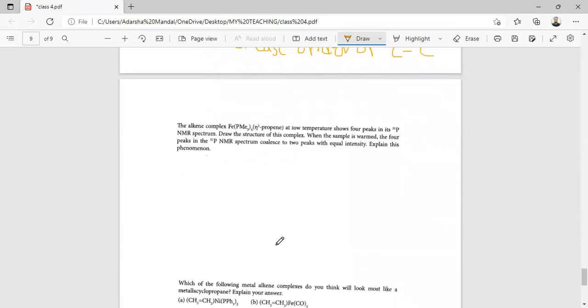So my next question is: the alkene complex Fe(PMe3)4 with eta-2 propene at low temperature shows 4 peaks in the 31P NMR spectrum. Draw the structure of the complex, and when the same sample is warmed, the 4 peaks of the 31P NMR spectrum collapse into 2 peaks with equal intensity. Explain this phenomenon.